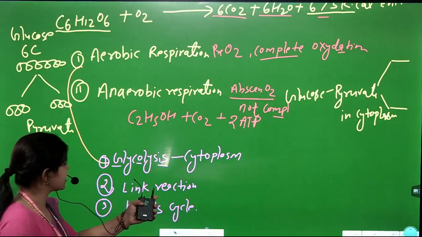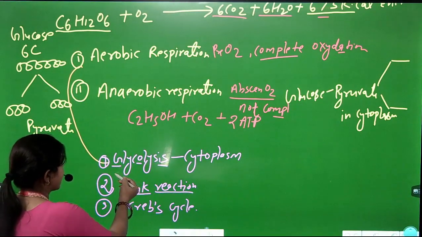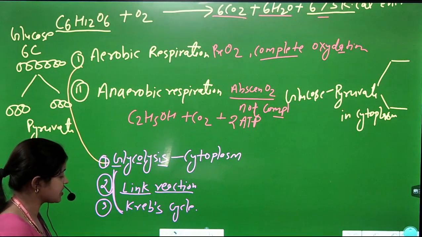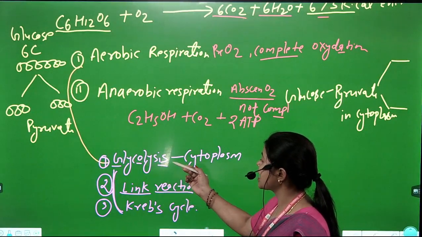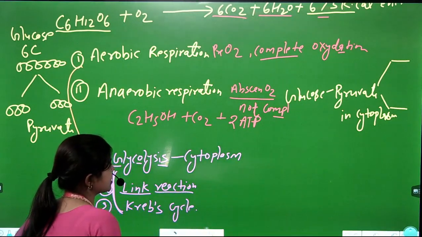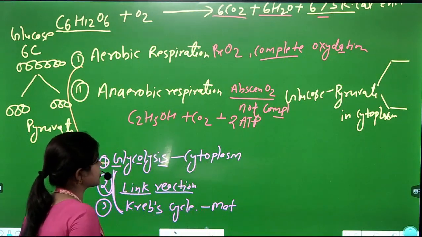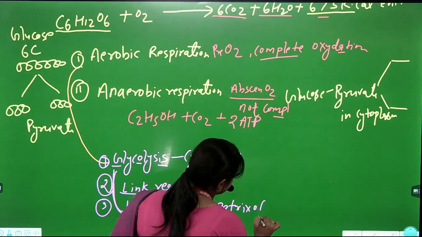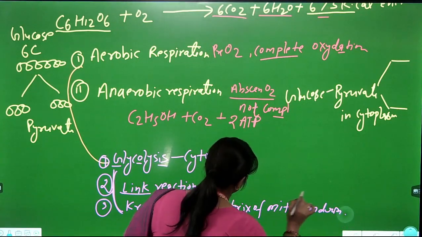Link reaction means this reaction links glycolysis to the Krebs cycle; it acts as a bridge between glycolysis and the Krebs cycle. Then the Krebs cycle occurs in the matrix of the mitochondria.